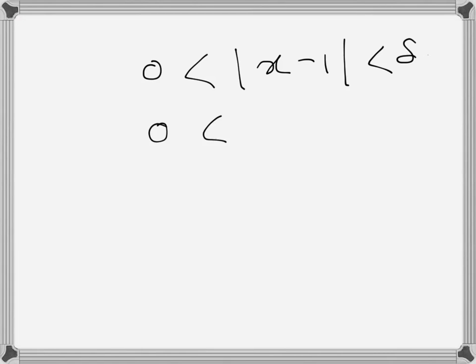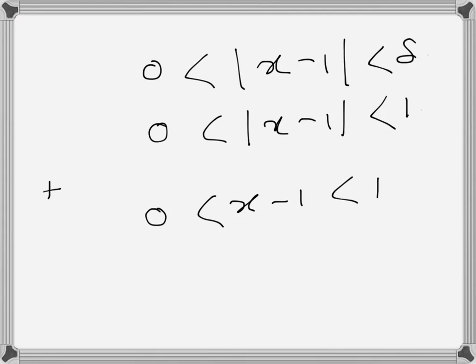So first we have this one, |x minus 1| less than delta. Now this is a magnitude. We can write it like that because delta is less than or equal to 1, so this will be less than 1. So if we take the plus sign, we get x minus 1 less than 1. From here we get x less than 2.